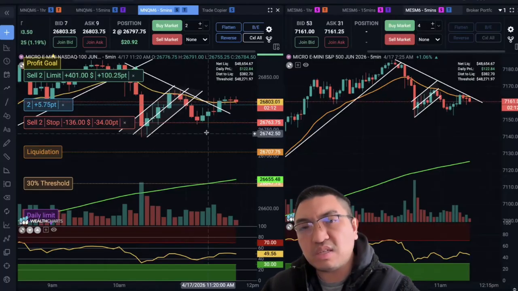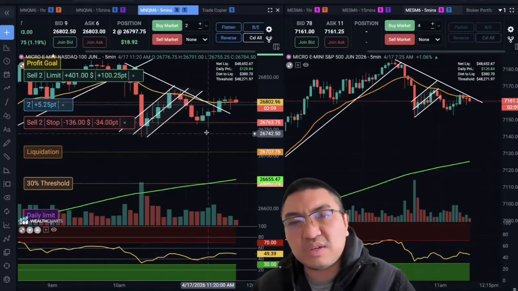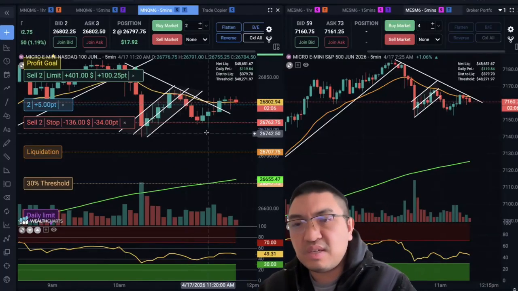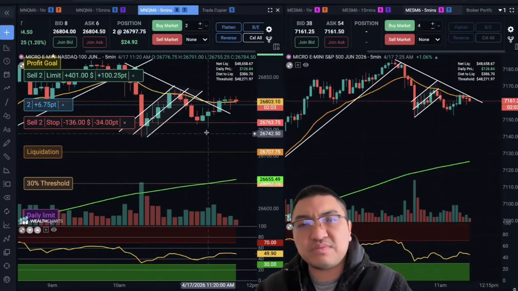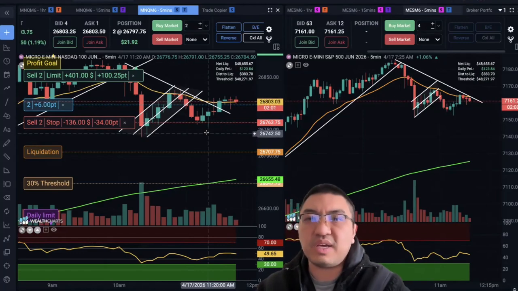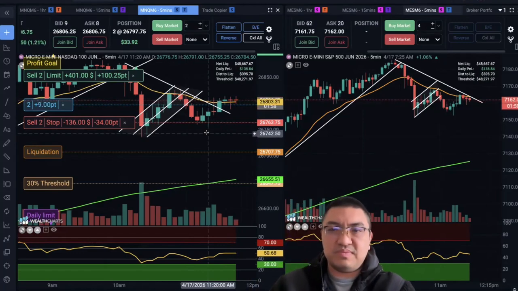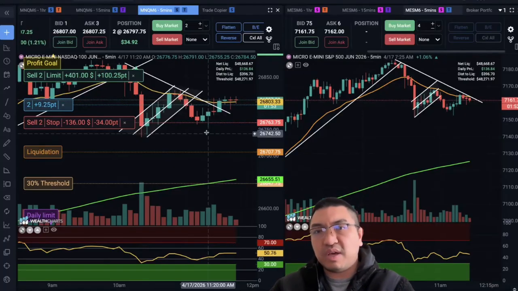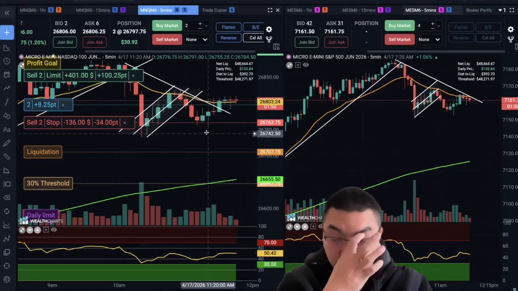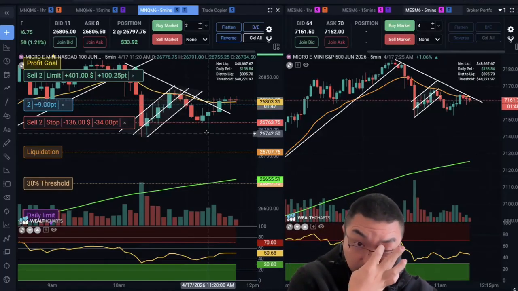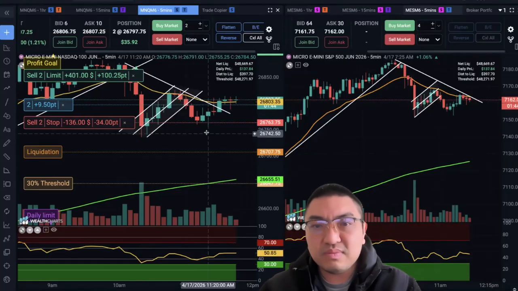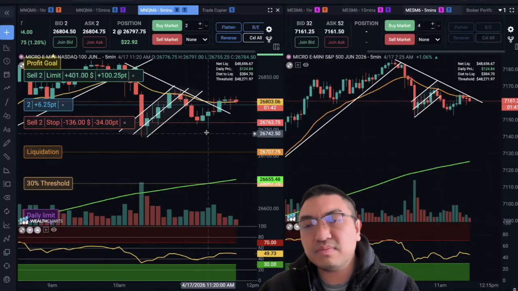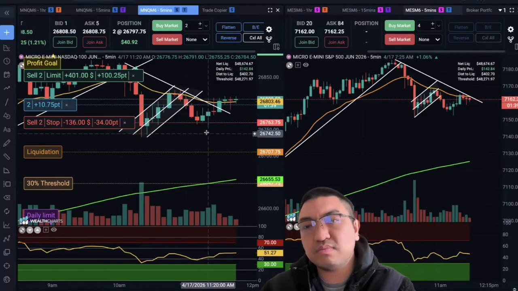But look at ES. ES is always going down. It's NQ that is horizontal sideways. ES is trying to go down. What happened? Okay, two more minutes. Let's see. ES, can you break out the trend line? If not, I will quit.